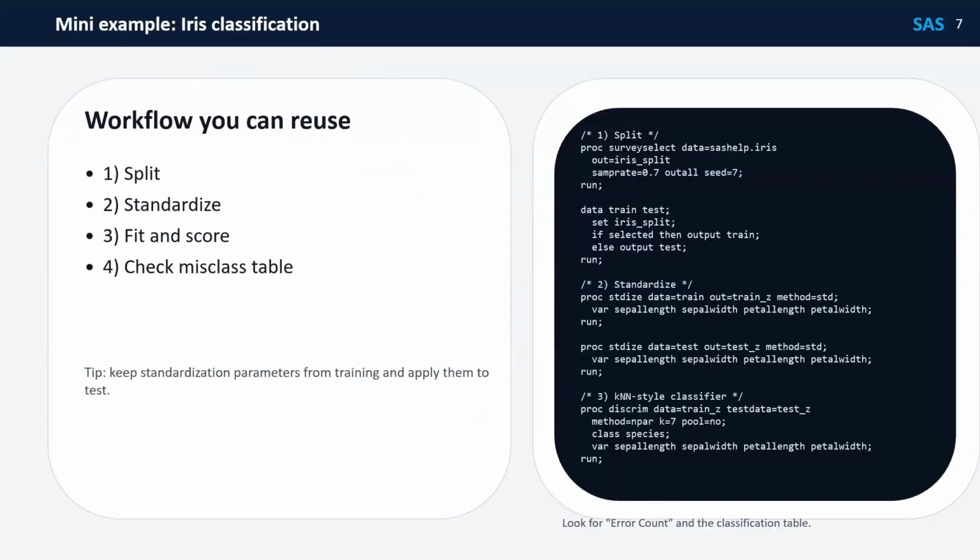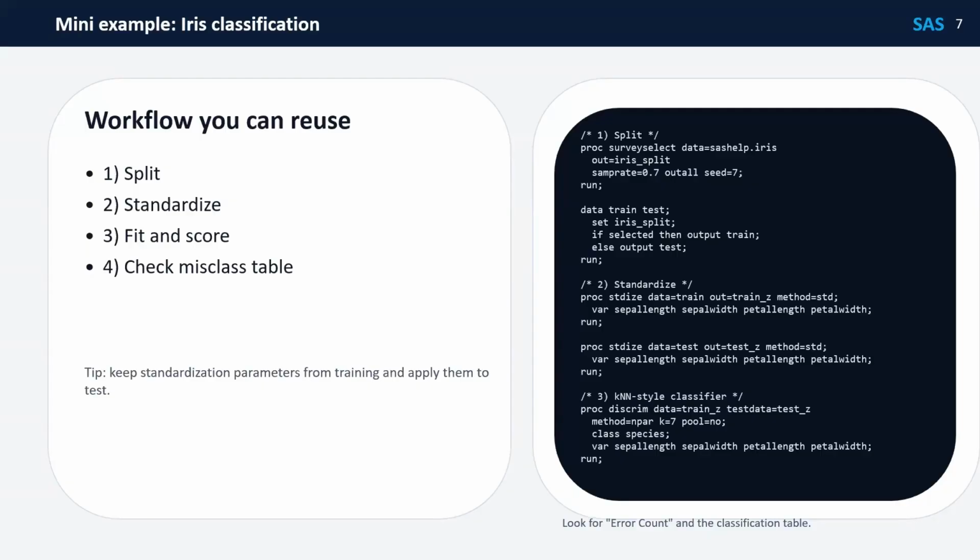Okay, so now let's look at everything with a mini example, and I'm going to go into this code in the demo, but this is the code that we're going to be running in our demo, and we're going to follow this workflow.